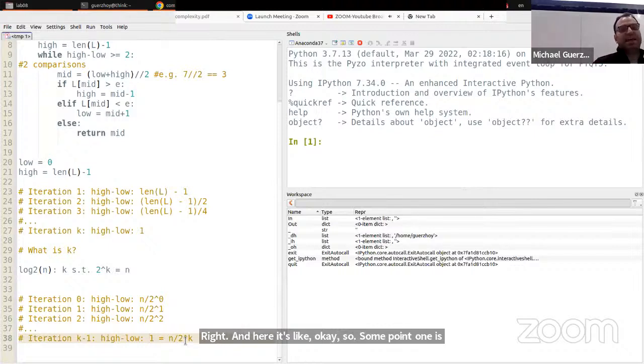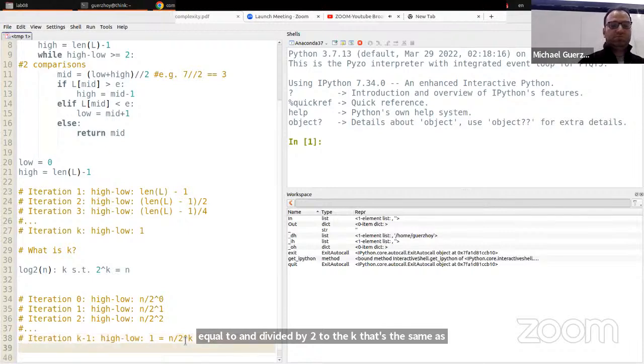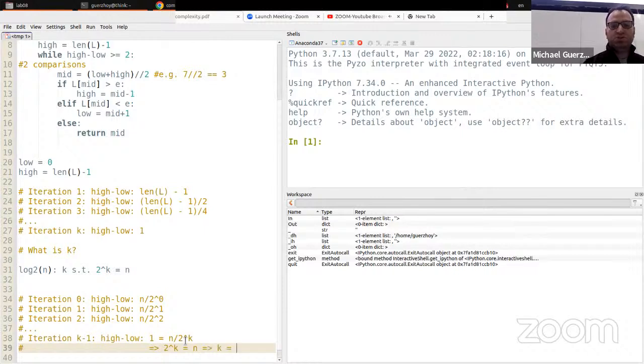That's the same as saying 2 to the k is equal to n. So k is equal to log 2 n. Make sense?